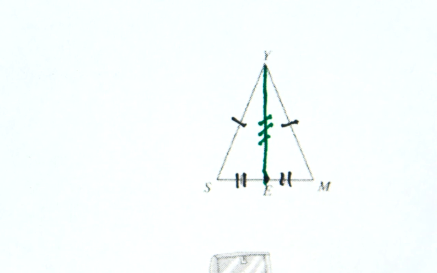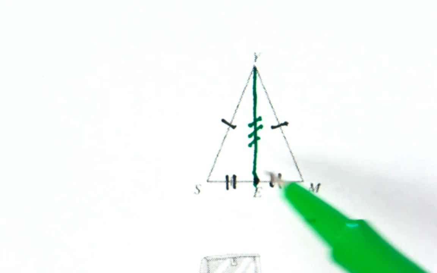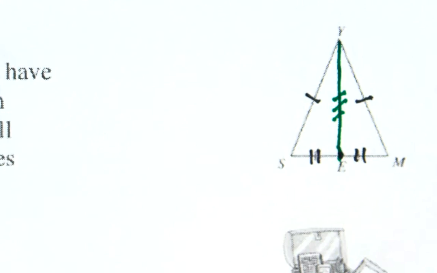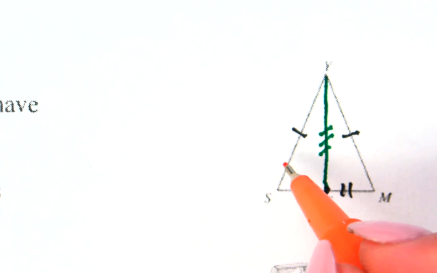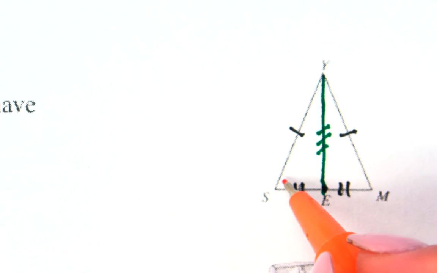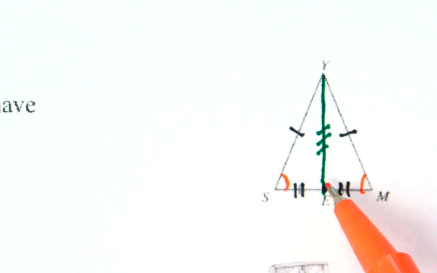If you know all these three sides are equal, then the angles inside must be equal too, which gets to the actual result we wanted, which was that the base angles, the ones I'm going to highlight right now, angle S and angle M, are also congruent to each other. Because the two triangles are congruent, those two parts, which are corresponding parts of the triangles, are also going to be congruent.